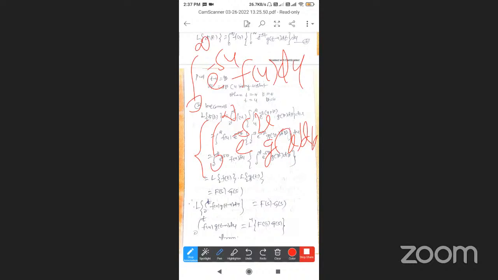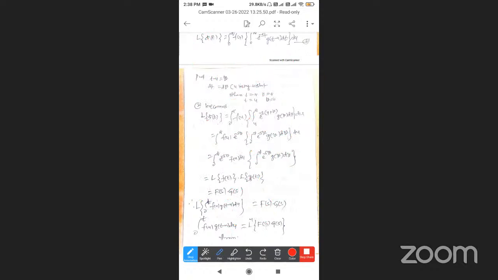The first is the Laplace transform of f of t, and the second is the Laplace transform of g of t. The Laplace transform of f of t is denoted by F of s, and that of g of t by G of s. So the result is that the Laplace transform of the integral from 0 to t of f of u into g of t minus u du is equal to F of s into G of s.